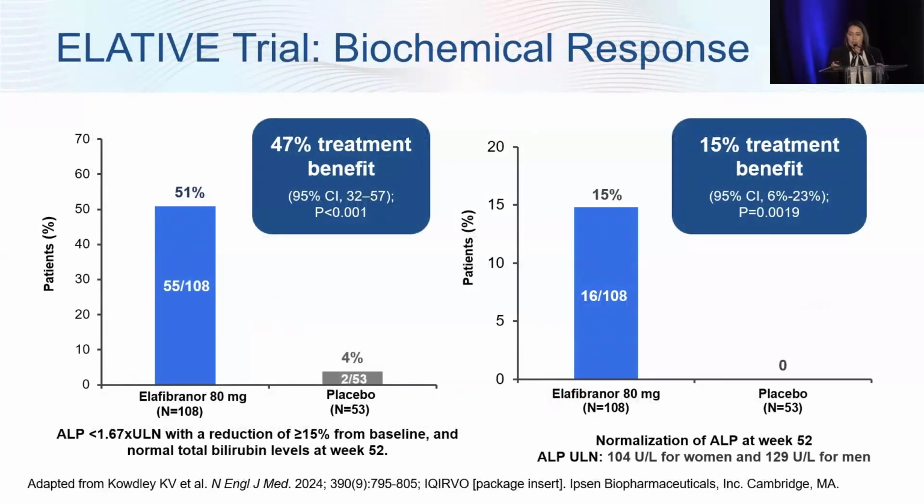So you can see the primary endpoint was met there at 52 weeks in 51% of patients treated with elafibranor compared to 4% of the placebo. And then about 15% of patients actually had a complete normalization of their alkaline phosphatase at the end of the study.